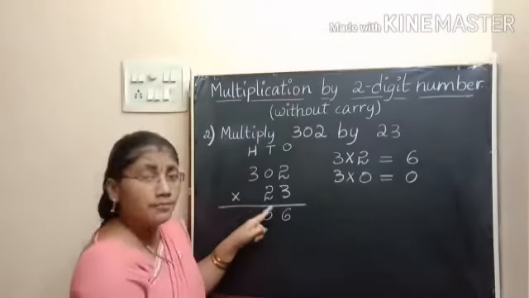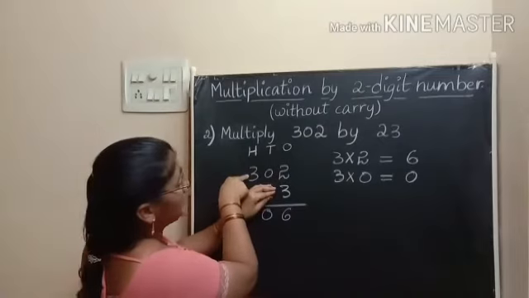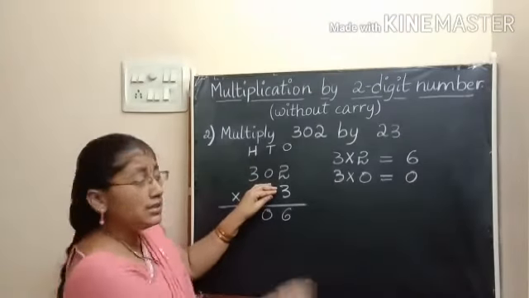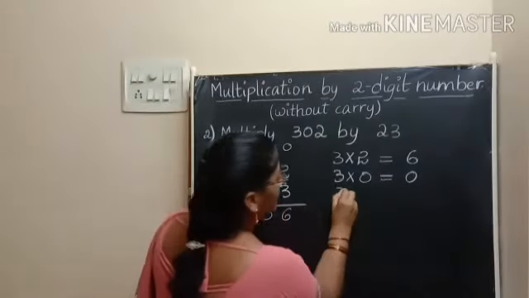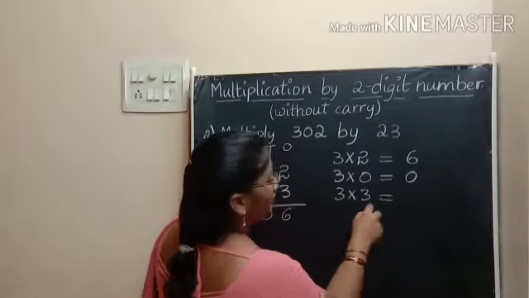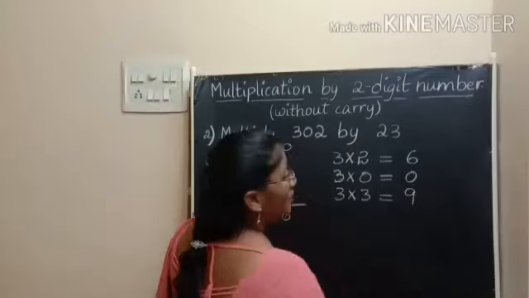Next, we have to multiply the digit in the hundreds place with 3. Now we take 3 into 3. 3 threes are 9.